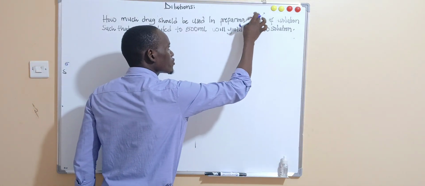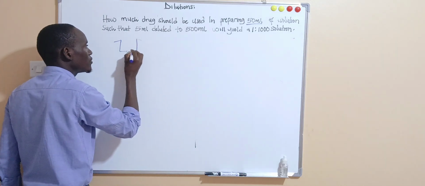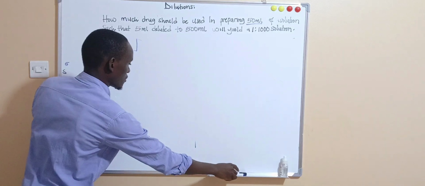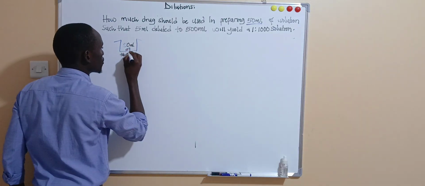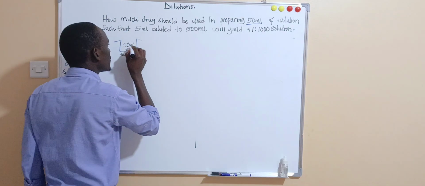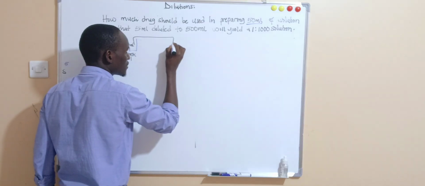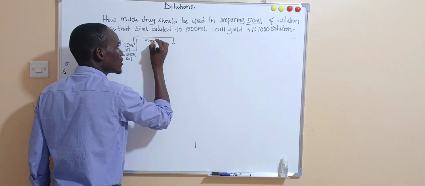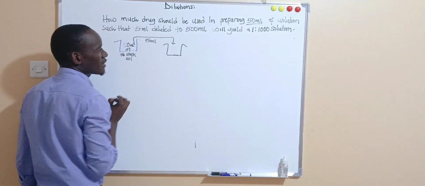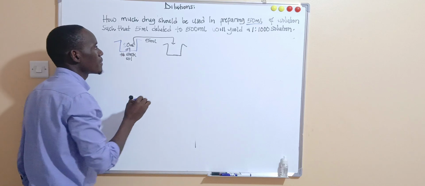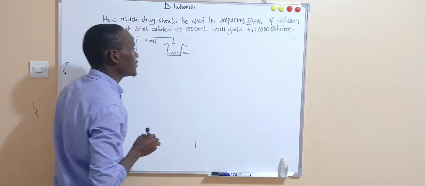And from this 50 ml of the stock solution, we picked only 5 ml and we placed it in another measuring cylinder, so our volume was 5 ml.